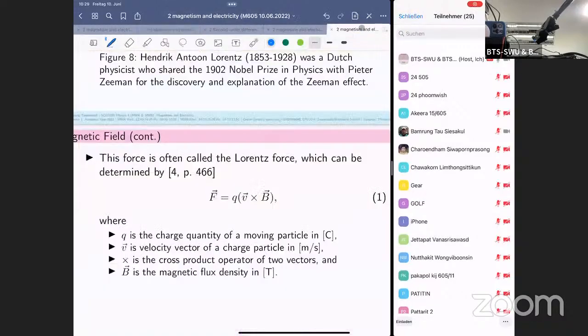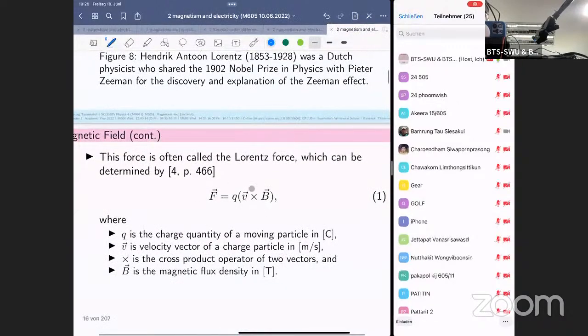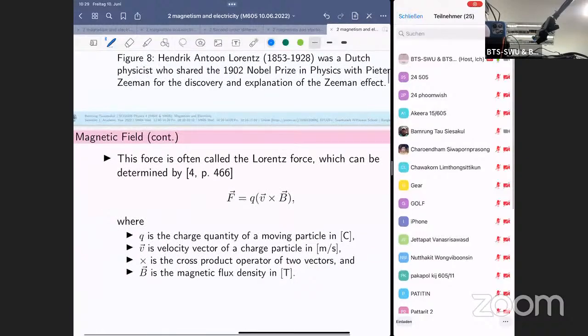For us here, we can apply the cross product at this step: v cross B, and we have q, which is a scalar. Q is a scalar, a constant.